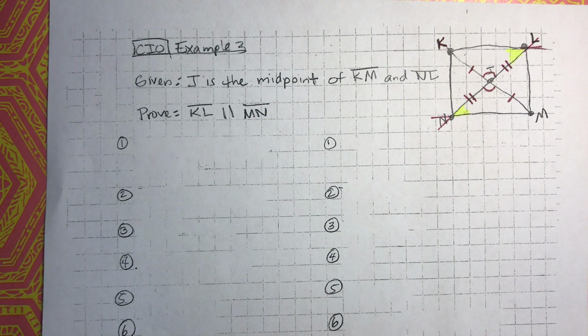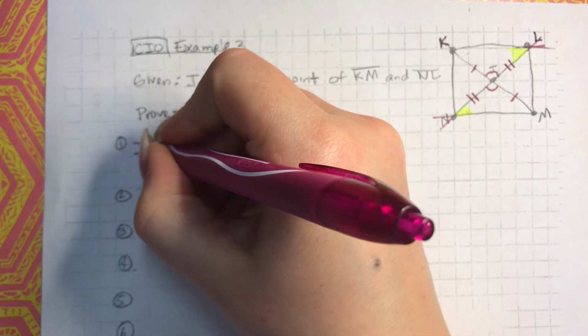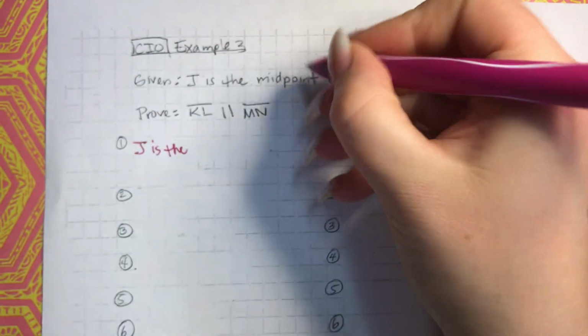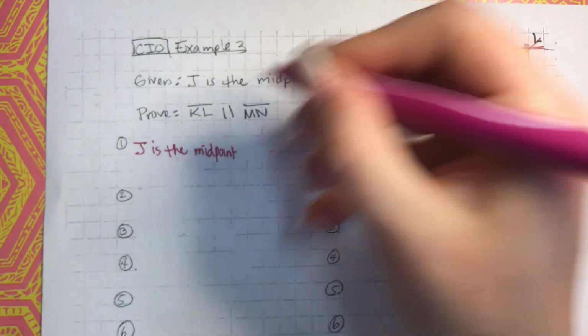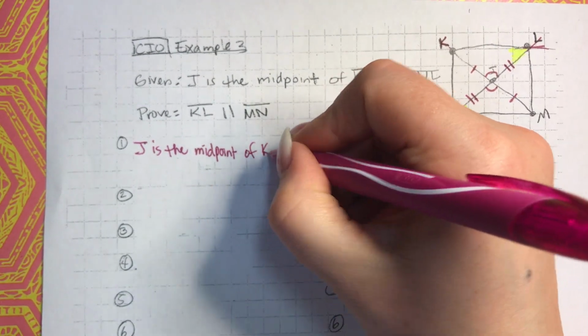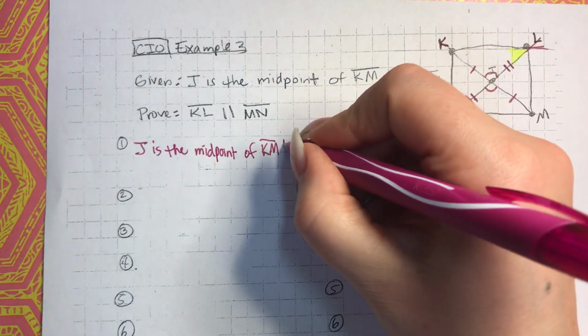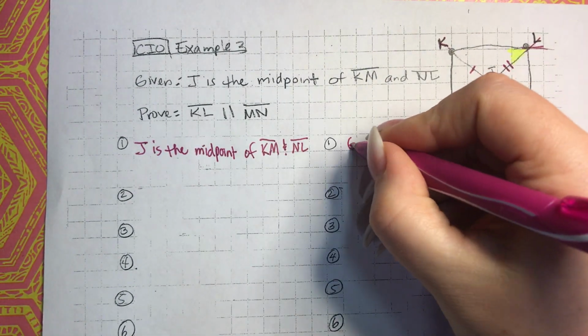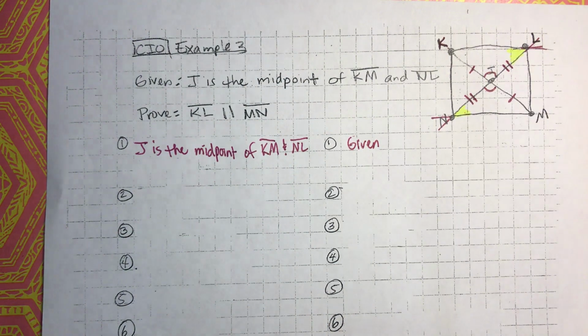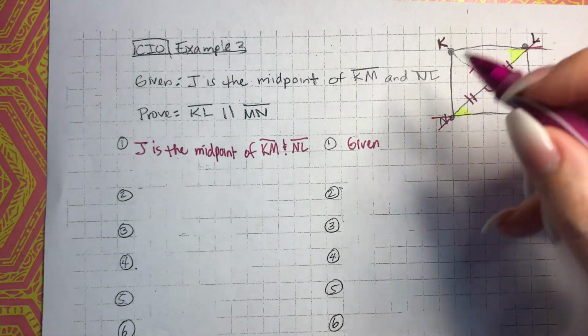So first thing is just writing down all that given information. Okay, sorry, I had to take a little drink. All right, so we have J is the midpoint of KM and NL. And that's just given, right? Now, because of that given information, we can say a whole lot.